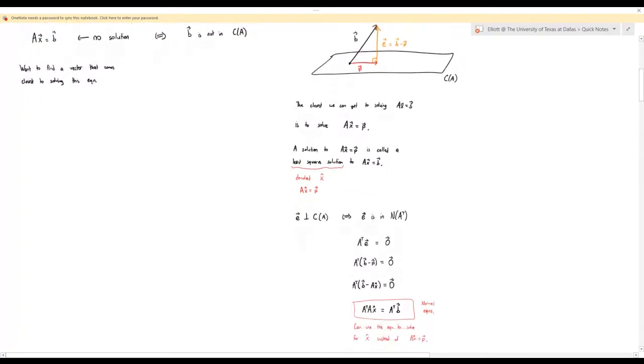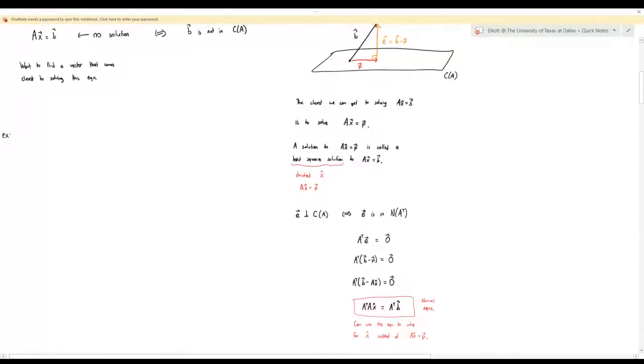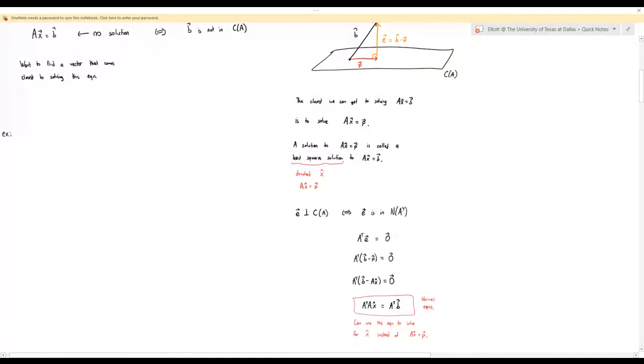So I'd like to maybe do some examples of finding the least square solution. I'll try and do 2 examples in particular. One of the applications of least squares comes in the form of curve fitting.